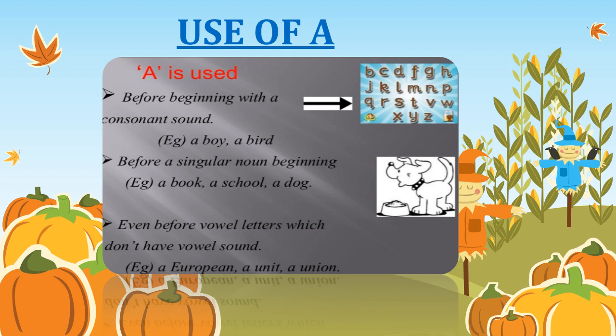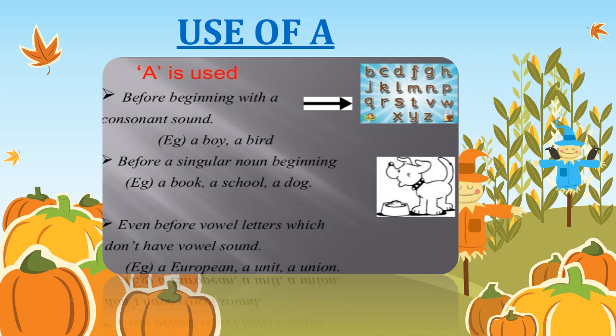As you can see on the screen, the word European begins with a vowel letter, that is E. But the sound here comes of U. Try to pronounce it again. European. The sound comes of U, which is a consonant sound.